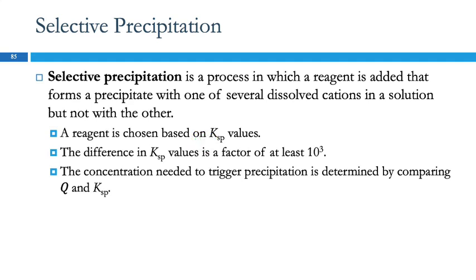So we're going to choose something that is not very soluble with the cation we're trying to precipitate. We want to have differences in KSP values of at least 1,000, factor of 1,000. And then we can figure out the concentration needed to begin or trigger the precipitation by looking at Q and KSP.